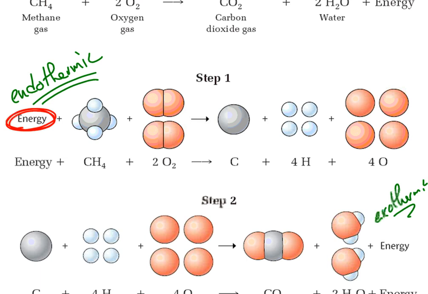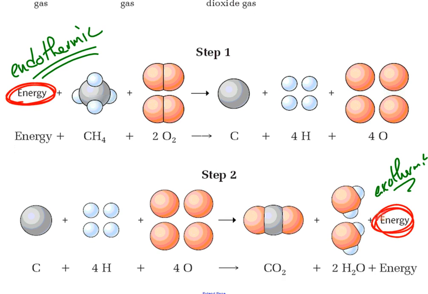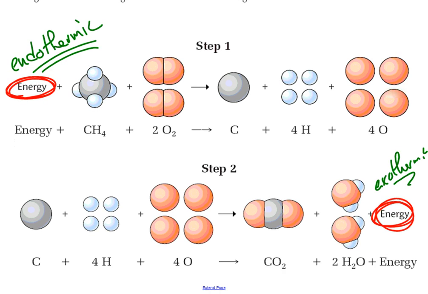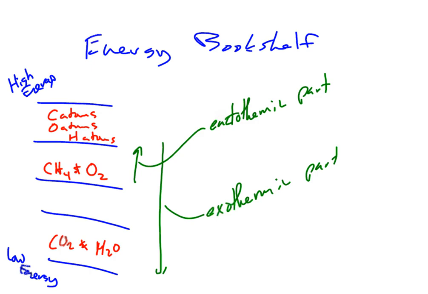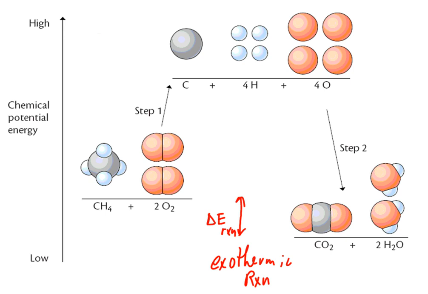The difference between those two tells us whether the overall process is exothermic or endothermic. The breaking is always endothermic. The forming is always exothermic. And then overall, we would look at it and say, there's this much energy we had to put in, and this much energy we got out.